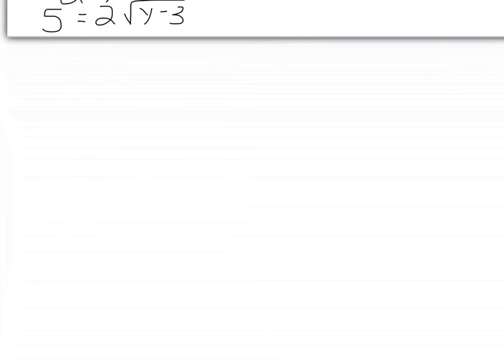You can either square both sides now, or you can divide both sides by 2. I'm going to square both sides now, which is going to give me 25 is equal to 2 squared is 4, and the square root of y minus 3 squared, your square root and your square cancel, leaving you just y minus 3. Make sure you put parentheses around it so you know to distribute your 4.